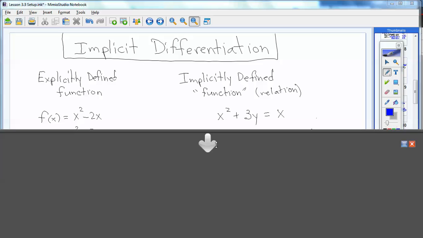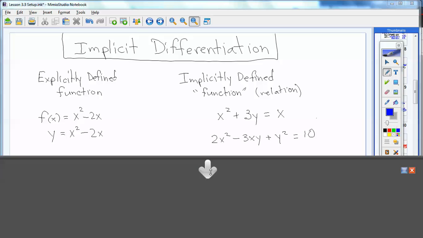Okay? So now, clearly on the one on the right there, I could solve that for y pretty easily. That's not even a sideways parabola, but I've got some other ones here. Okay? The bottom one on the right is a hyperbola. Kind of a tilted hyperbola. No, wait a minute.